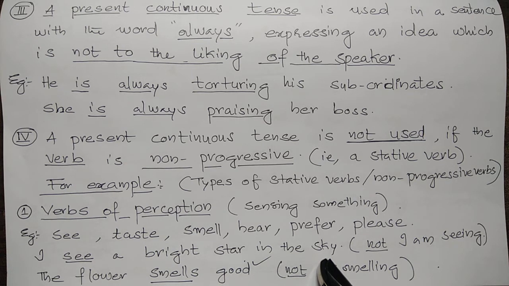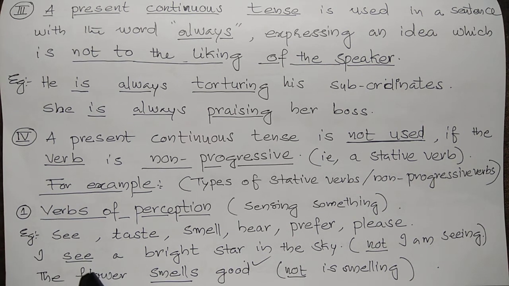So here we are not using the present continuous. We cannot say I am seeing a bright star in the sky. We have to say I see a bright star in the sky because see is a verb of perception. Second one, the flower smells good. Here also you should not use is smelling because it's a perception, smell. The flower smells good.